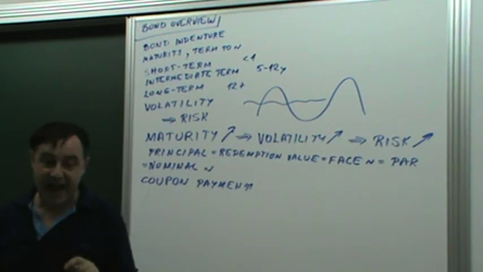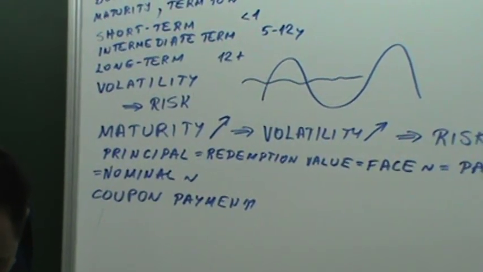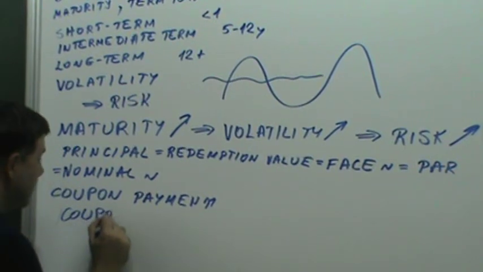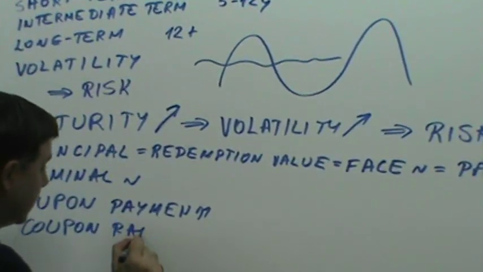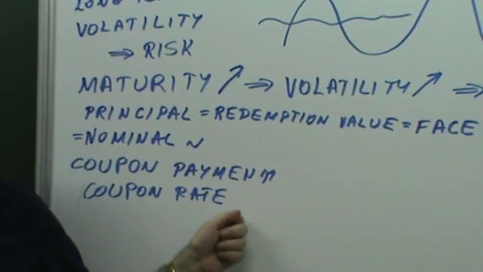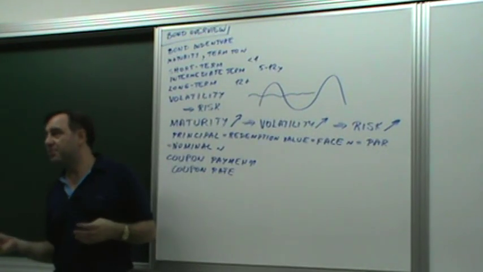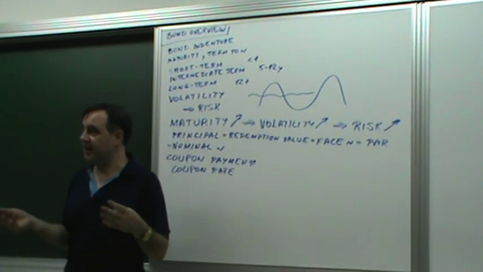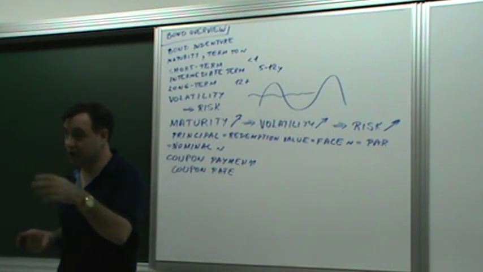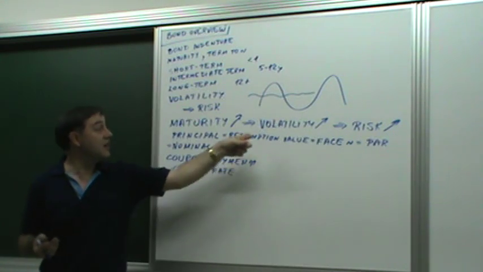And you also have a coupon rate. And the coupon rate is presented in percentages. 3%, 5%, 7%. And the coupon is equal to the coupon rate, which is the percentage of the face value.